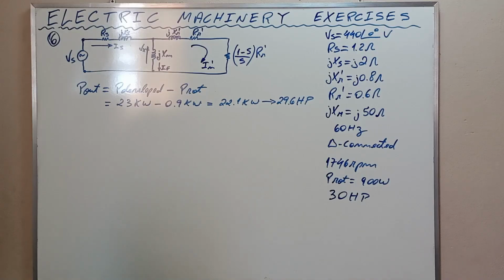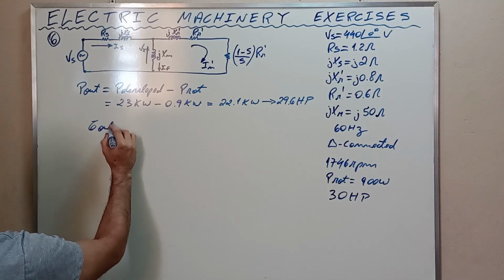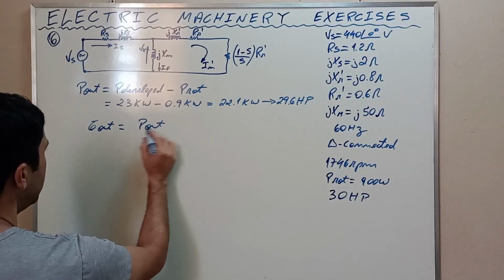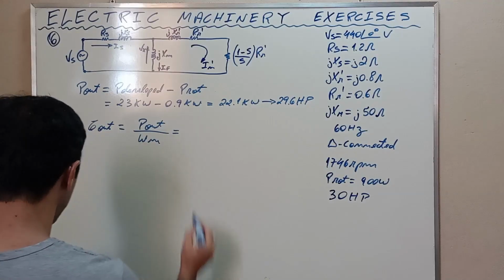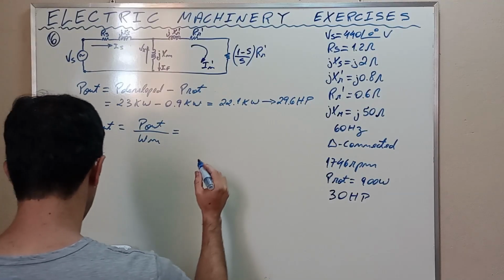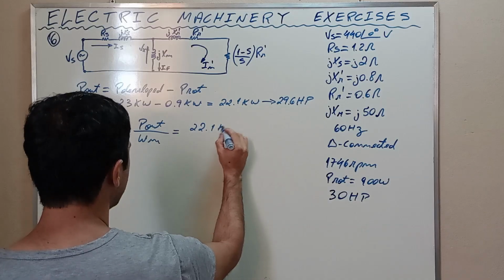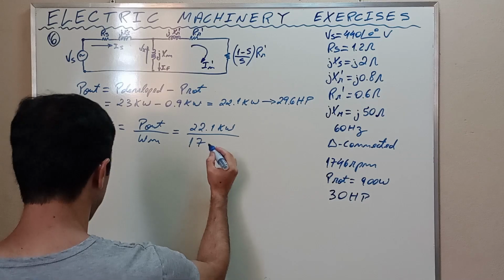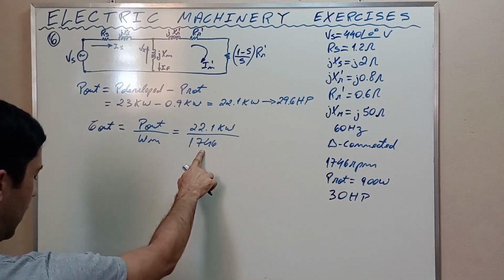The output torque is equal to the output power divided by the velocity in radians per second. It is equal to 22.1 kilowatts divided by 1746 RPM.